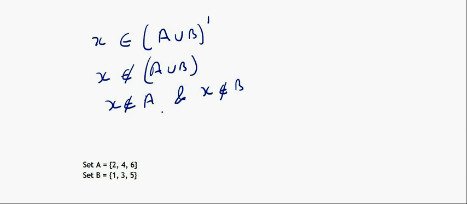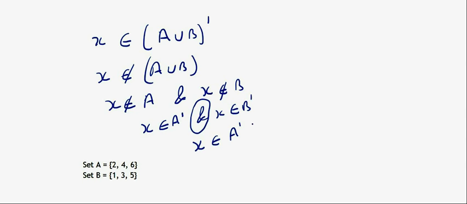From this you can easily derive that if it does not belong to A, it belongs to A complement, and X belongs to B complement. And this AND operator is nothing but an intersection. So that implies that X belongs to A complement intersection B complement, which is nothing but our De Morgan's law.